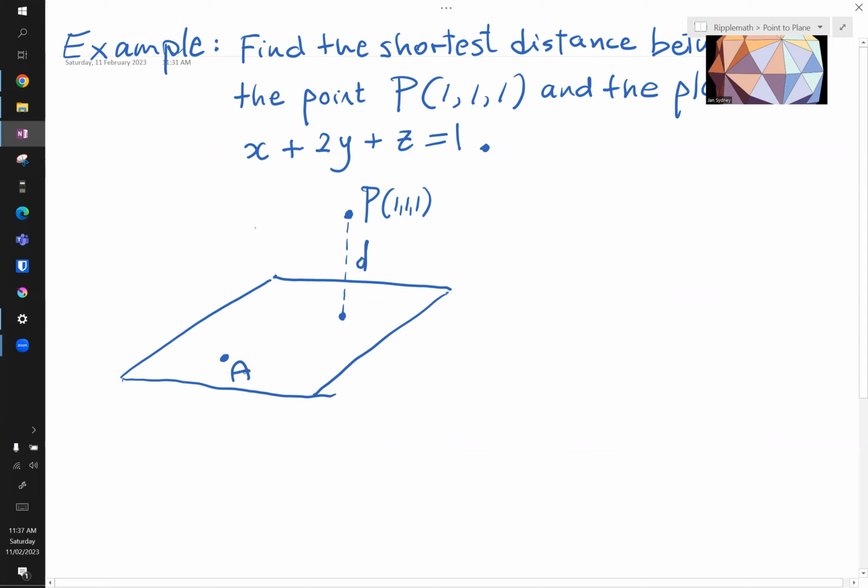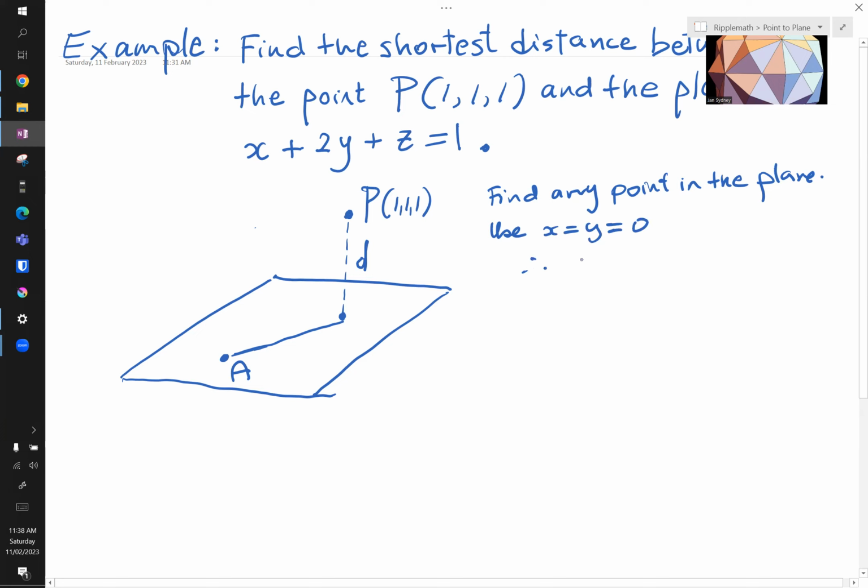To find another point in the plane, so that line there will be in the plane, we just find any point in the plane. We just want a specific point. For this case, use something easy: x equals y equals 0.